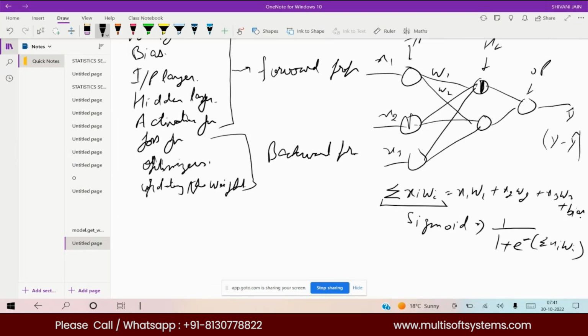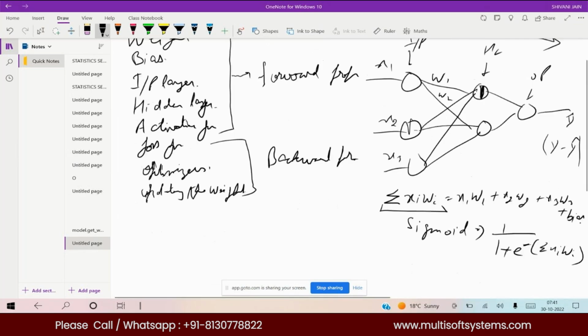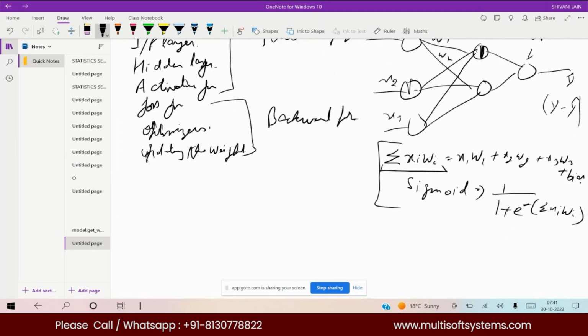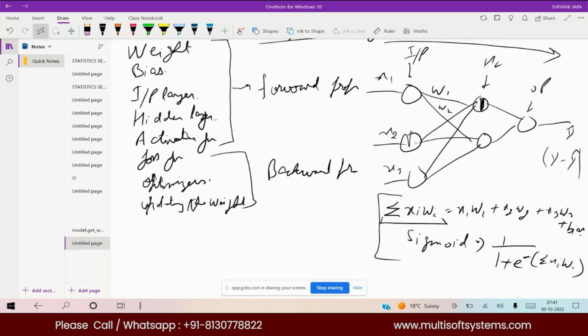These are the things which we read yesterday. So when we are going from here to here, this is my forward propagation. In forward propagation, only these two things happen, summation of xi wi and sigmoid. Here you calculate the loss, and then comes the concept of backward propagation.